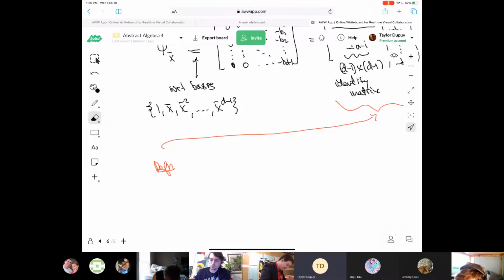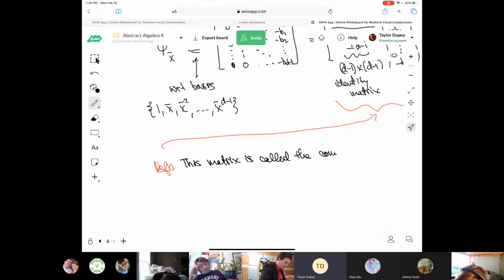The matrix is called the companion matrix of f of x, an element of F of x. So F was a field.